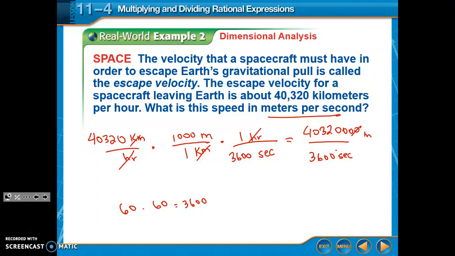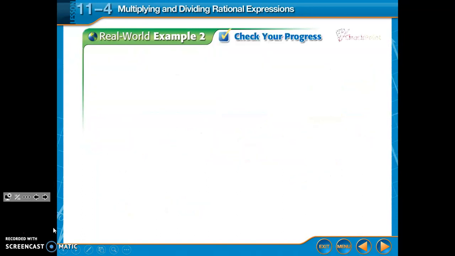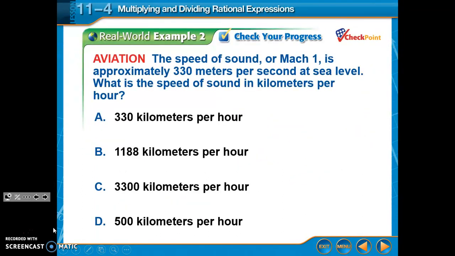I know those zeros cancel, and I'm going to figure out what 403,200 divided by 36 is. It's 11,200 meters per second, which is the speed that is required for the spacecraft to do what it's got to do. Okay, so you guys try.